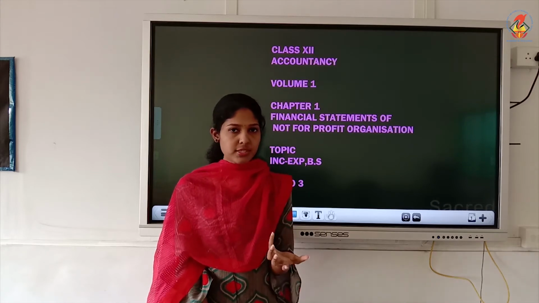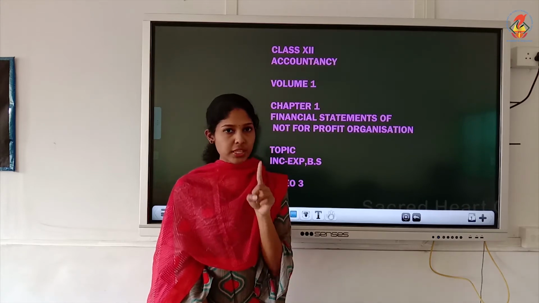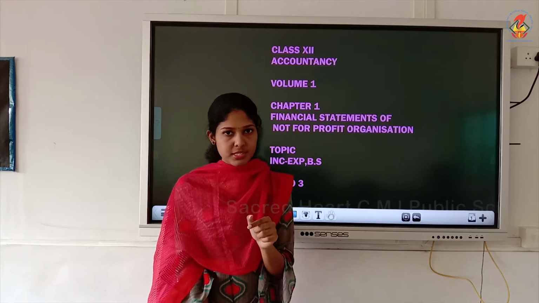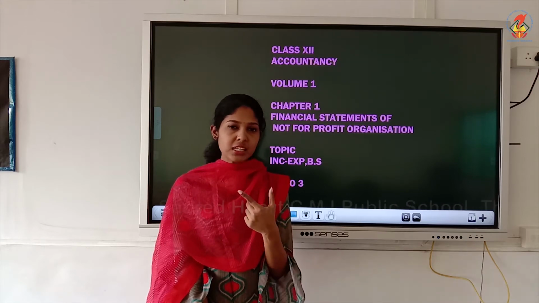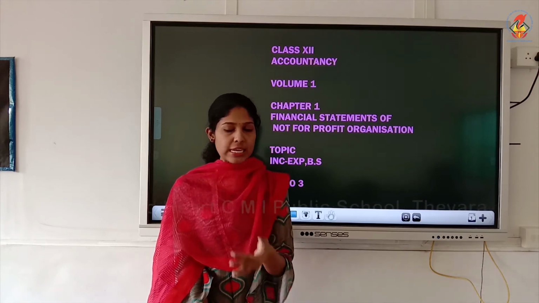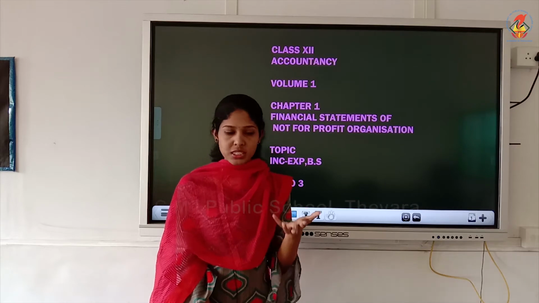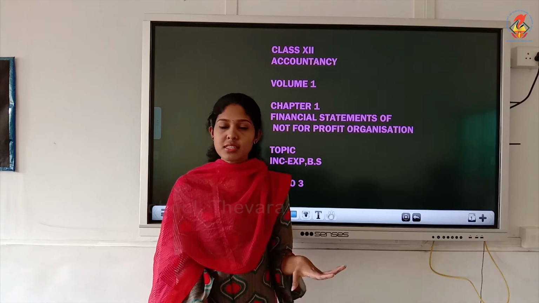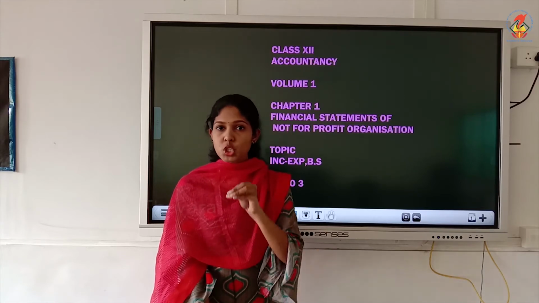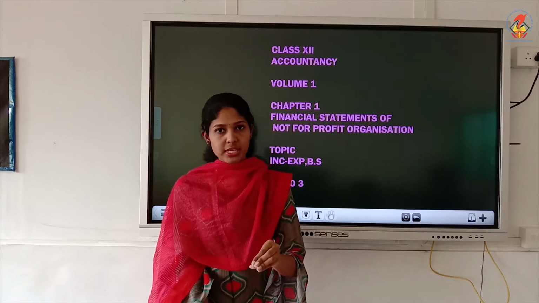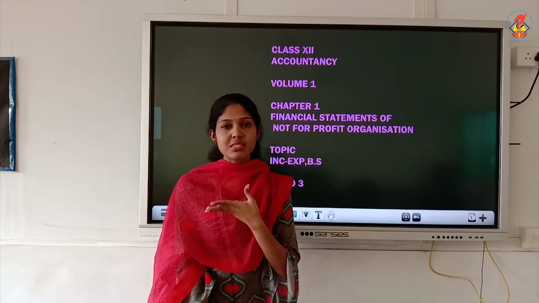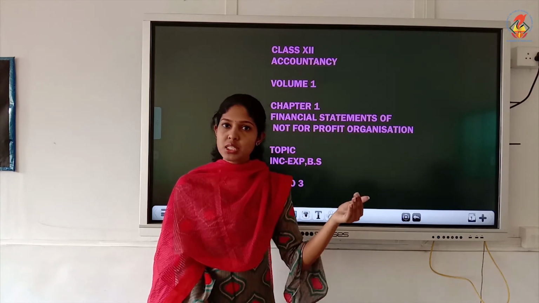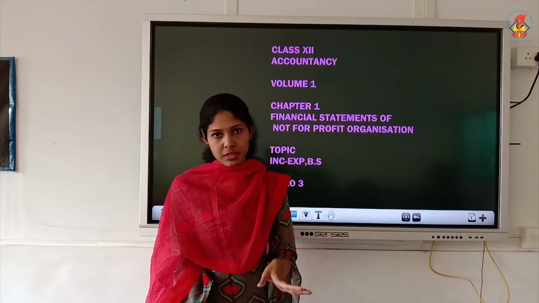But in last year's board exam, instead of income expenditure, what they asked is to prepare receipts and payments. So normally you will be asked to do the income expenditure, but last year they asked to prepare a receipts and payments account. That's easy, because for income expenditure you have to include only revenue items, whereas if it is receipts and payments, everything you can include. You don't have to make a distinction between capital and revenue items, everything you can include.